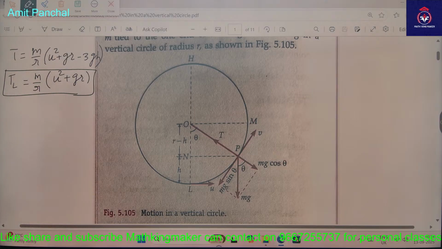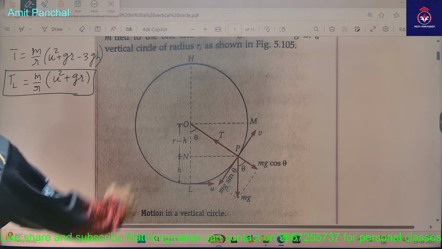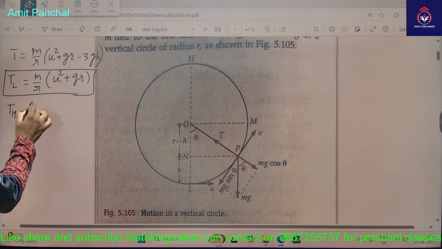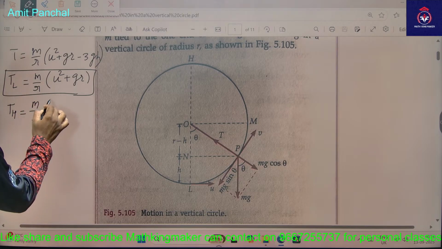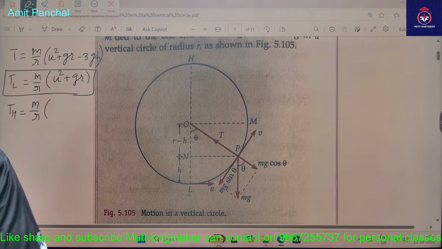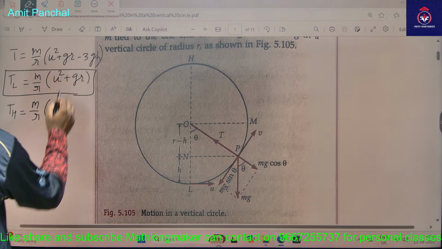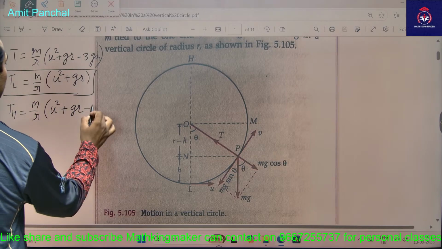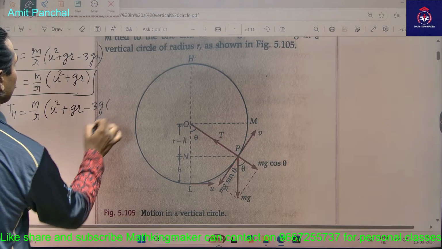Now tension at H, this point. So TH will be m by r (u square plus gr minus 3gh). How much will be h?